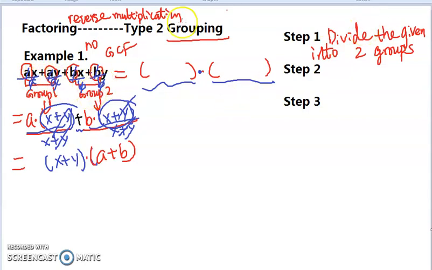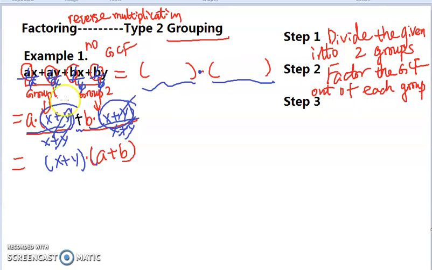The second step is, for each group, factor out the GCF. And when you do that, let's follow the GCF type.